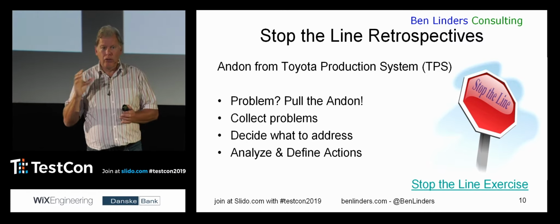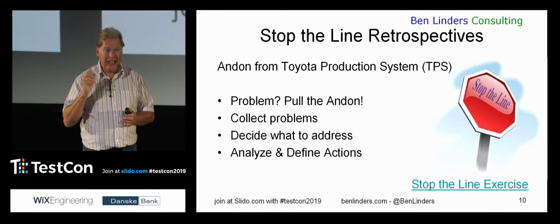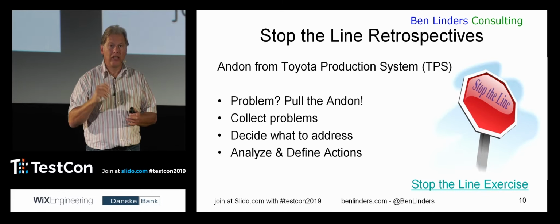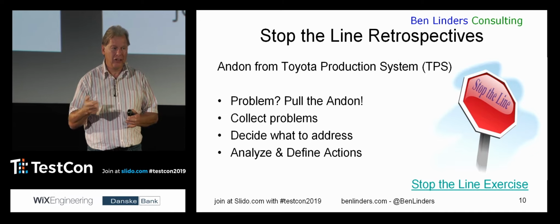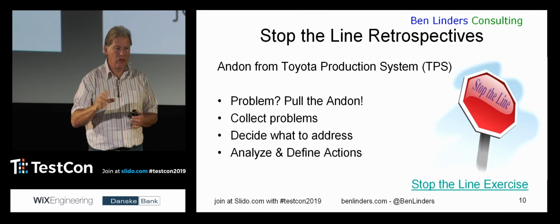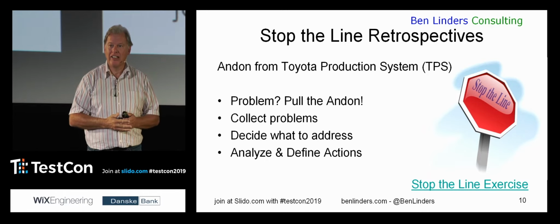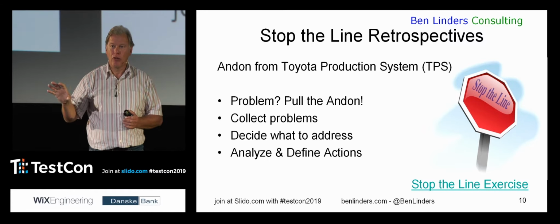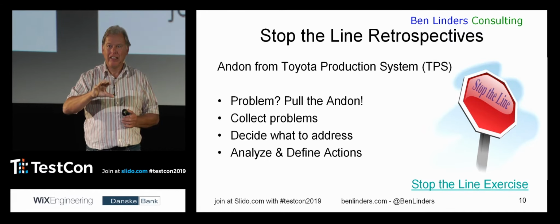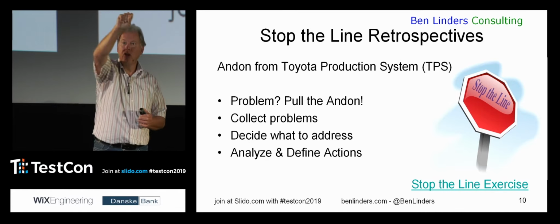First of all, you want to have some kind of andon cord in the room where you're going to be doing the retrospective. It should be something that makes a lot of noise because you want to get attention when somebody steps up and pulls the cord. For those of you who don't know what the andon cord is, by the way, it's a rope.